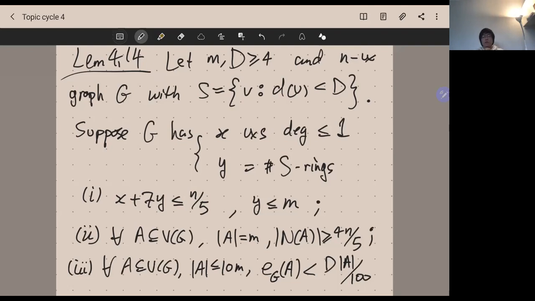Why? Because usually, let's take G(n,p) with p equal to some d over n. That means the expected degree is d. Then the expected number of edges on a set of size A is d times A over 2.